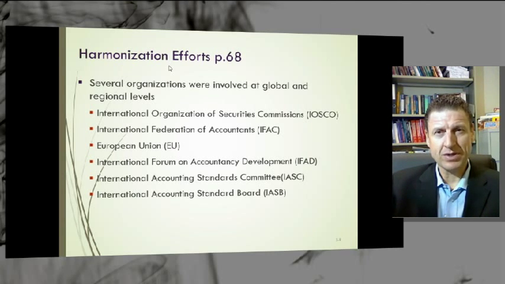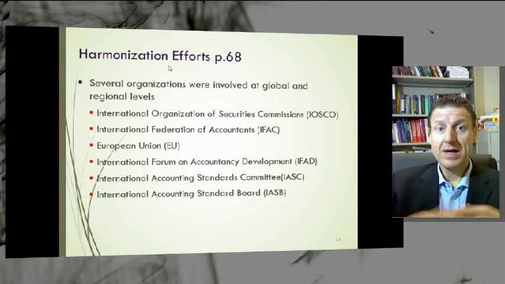It really started with that because once the European Union formed, then they wanted all the countries to actually do the accounting in the same way. And so this became the catalyst for international accounting over 2 decades ago. The International Forum of Accountancy Development, International Accounting Standards Committee, and probably the most important body that's having an impact on things happening today is the International Accounting Standards Board.